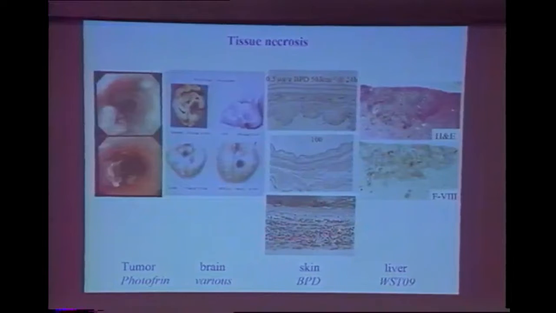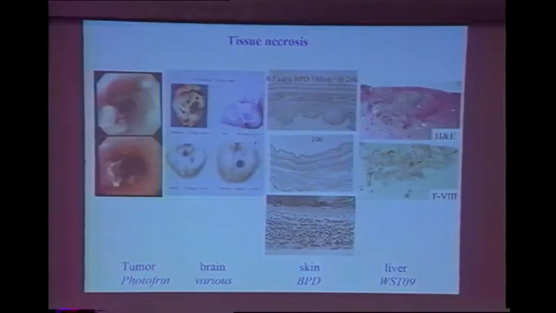So you see you produce this massive necrosis. And here's a liver section with the light coming from the surface, and you see this region of necrosis produced, on H&E. Well, this is a stain for factor 8, which stands for vasculature. So you see the effect on the tissue.